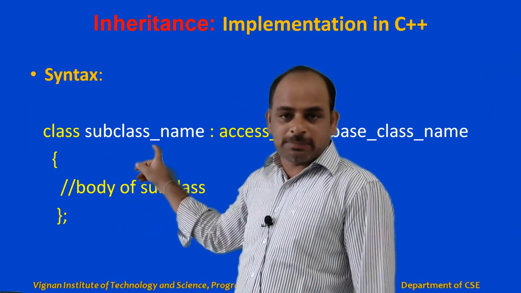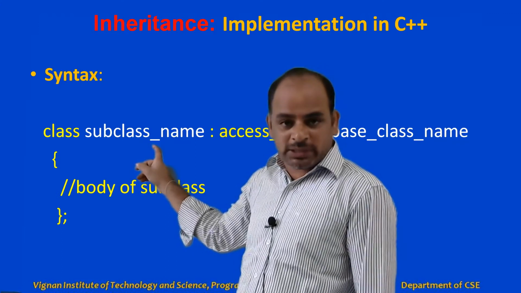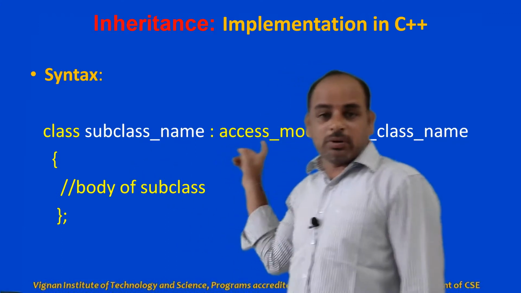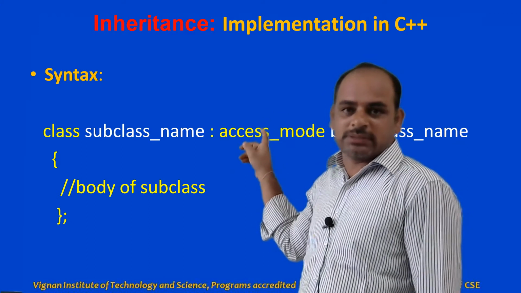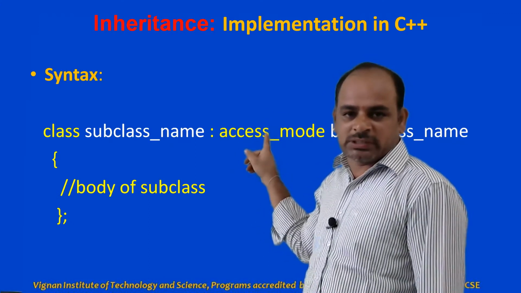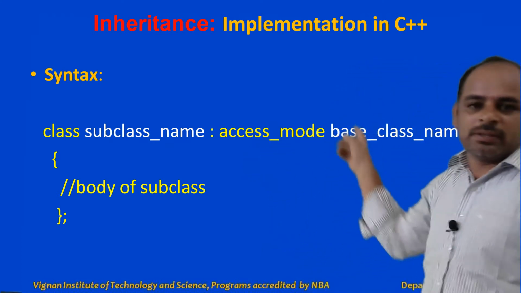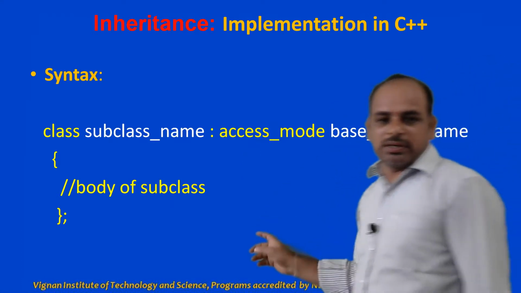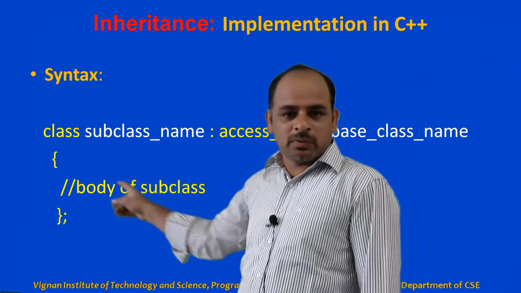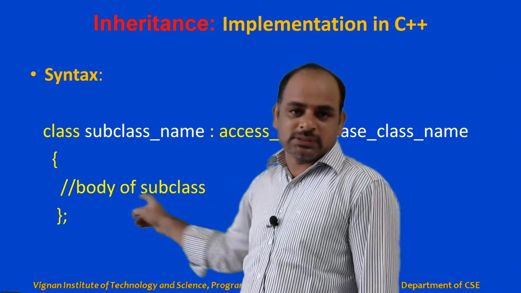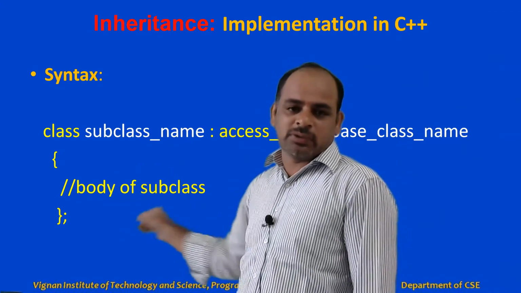This is the name of the subclass which you want to derive, and this is the access mode of the base class. In which mode you want to access the base class: either public, private, or protected. And this is the name of the base class. And here, whatever new methods or new properties you want to add in the derived class, you can do all this here.